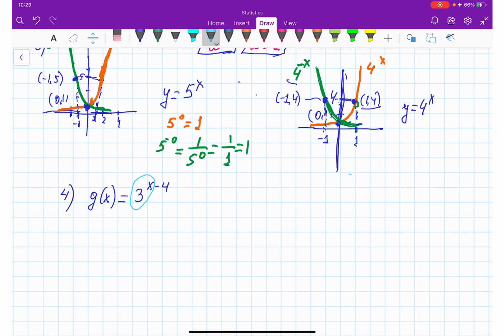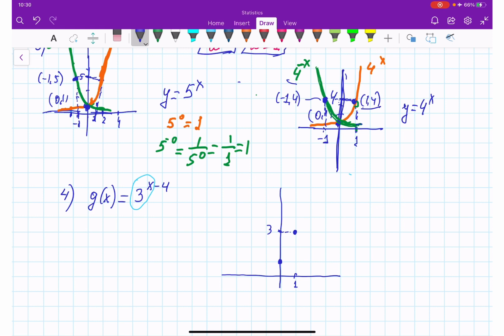Okay, so let's do it. If this is 1, 1, 2, this is 3. So this is 1 point, this is 1. And here it's going to be 1/3 somewhere.